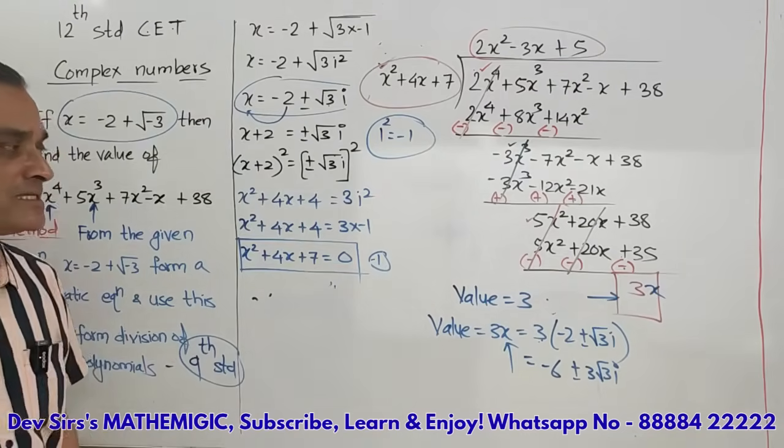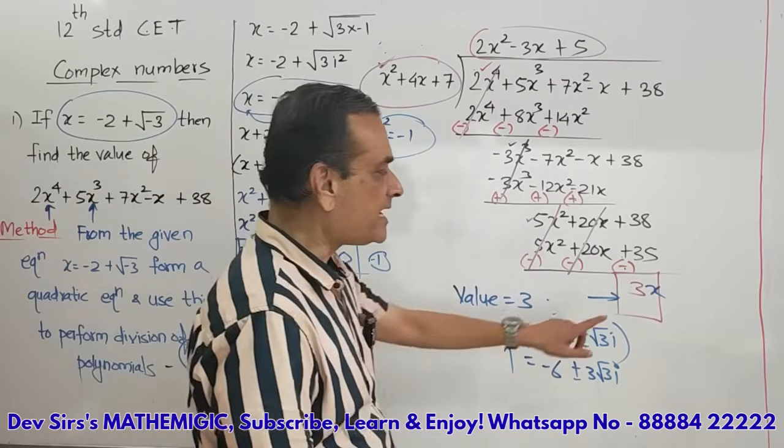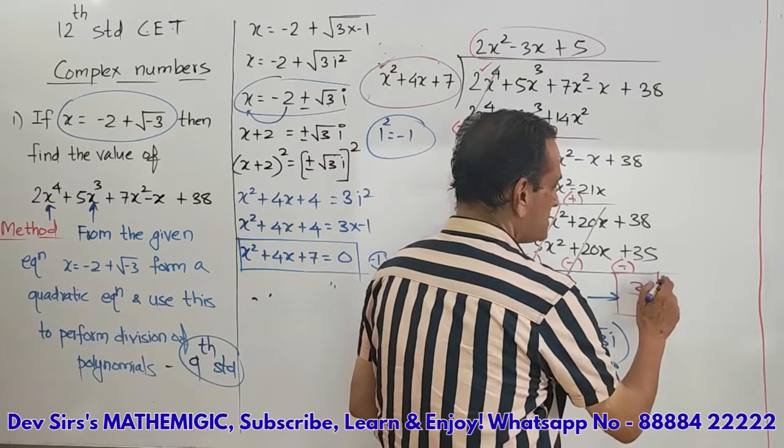That would have been the answer. But here x has not come. So the answer given is 3.